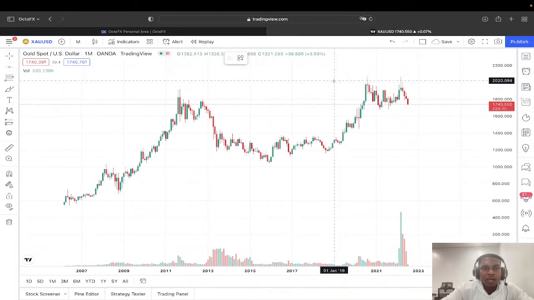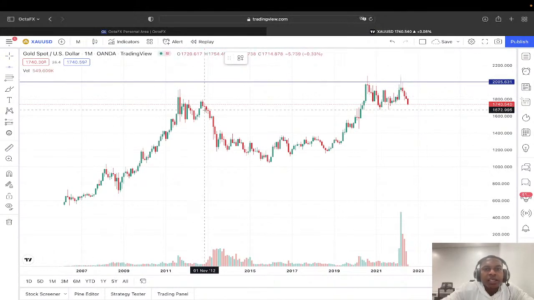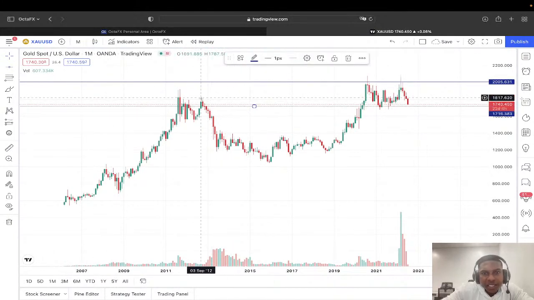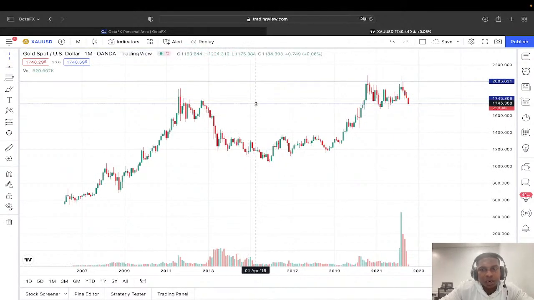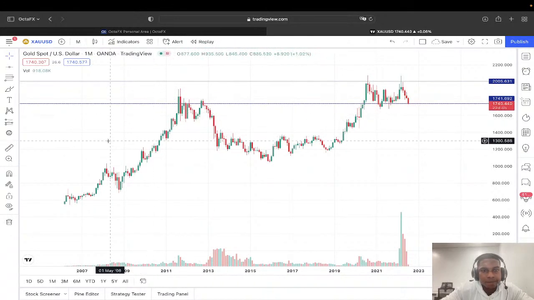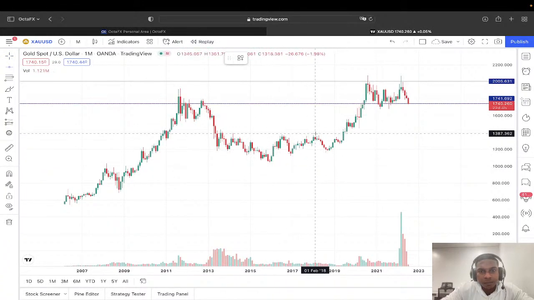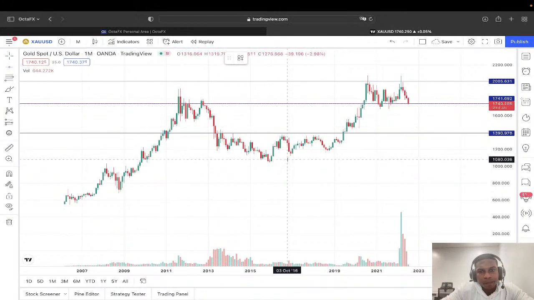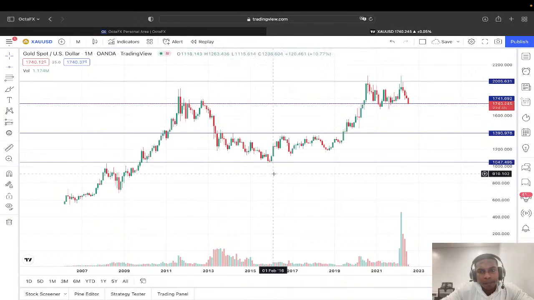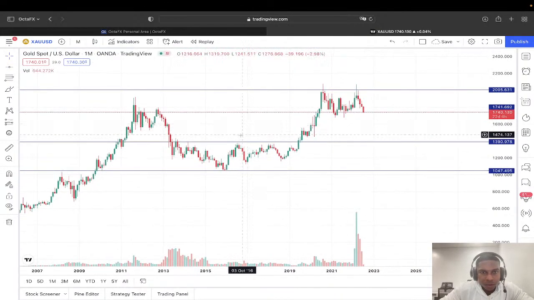So let's map out key levels. These are key levels. Good.